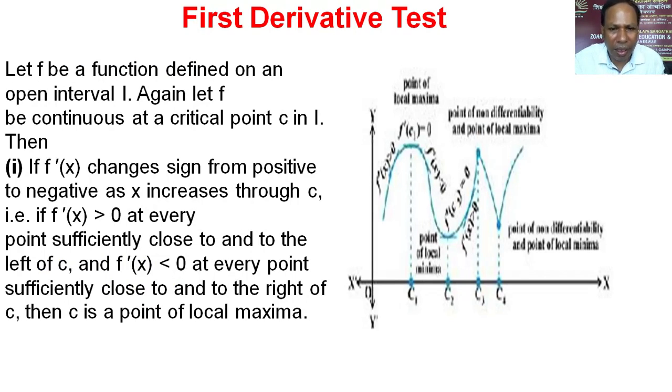Now we have some tests to find the maximum or minimum value of a function in a given interval I. First of all we have the first derivative test. The derivative of the function becomes 0 at the critical points.